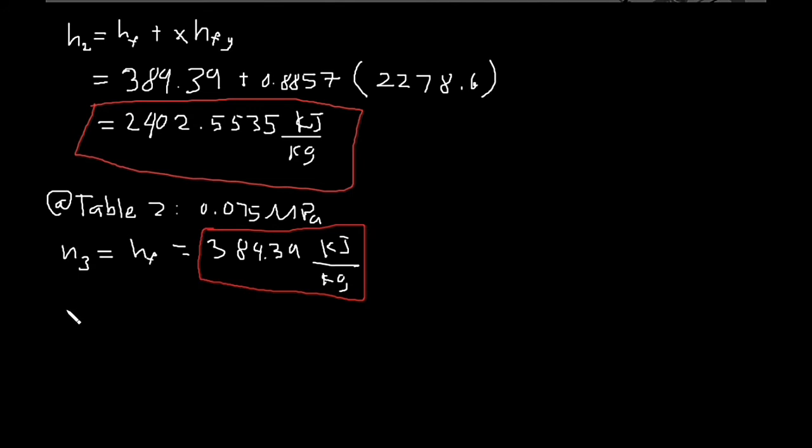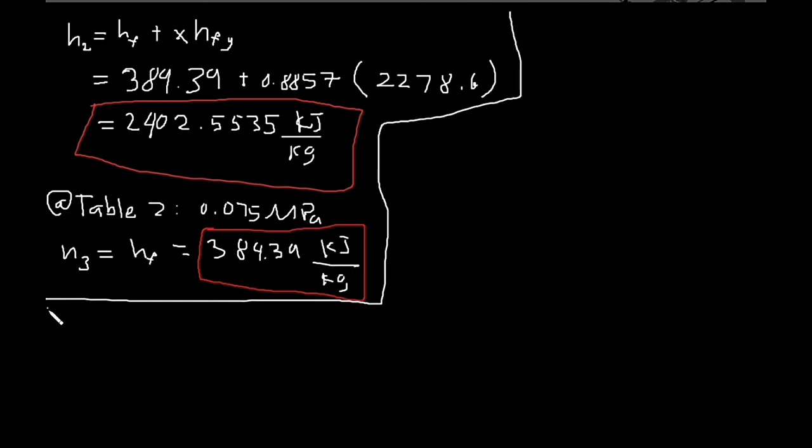So to solve for H4, let's box this first. You need to use this formula. That's H3 plus V3, specific volume, times delta P. H4 is approximately equal to this. So let's put that.